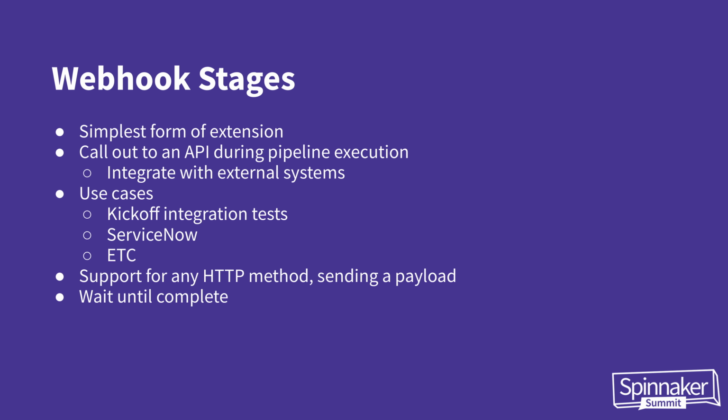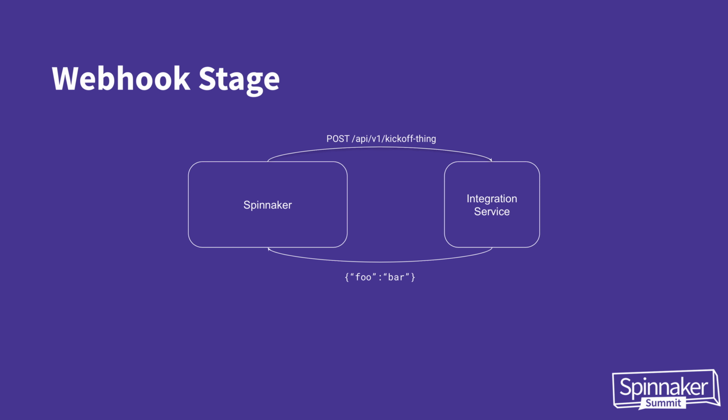One of the really cool things that we can do is wait until the thing is complete. So if you fire off a request, we'll poll an endpoint that you specify, and you can have this kind of long-running stage. And it works really simply. You make a POST to kick off a thing to your integration service, and that thing returns JSON. It's a pretty simple thing to understand, but it's a really powerful thing that we can use.